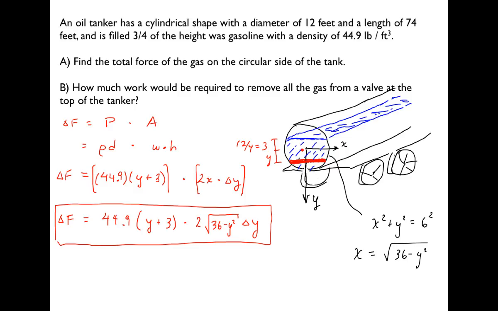The y coordinate is from whatever we chose as the center, from the frame of reference, but that's not the depth of the strip. The depth of the strip is from here to here, which is part of its y, but then you have 3 more feet from here to here. Do you see?